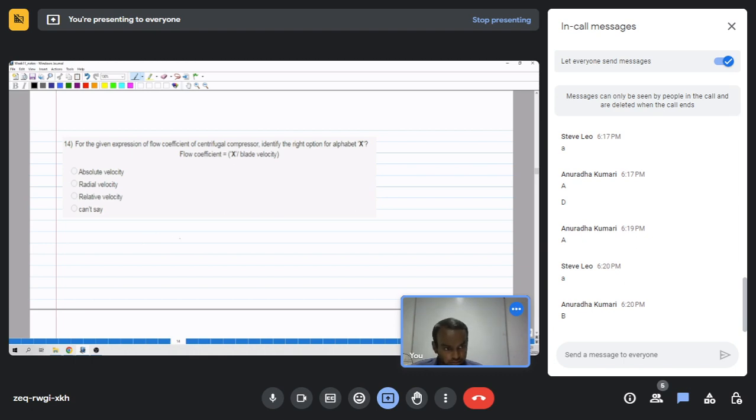So I think this would be covered in the theory part. I have noted it down as radial velocity by blade velocity.